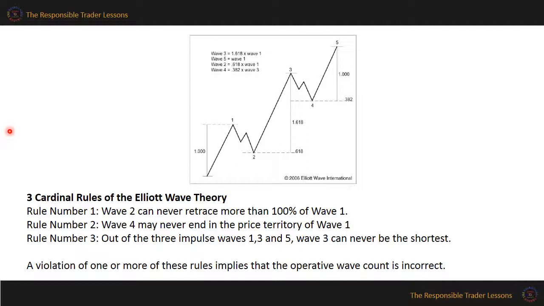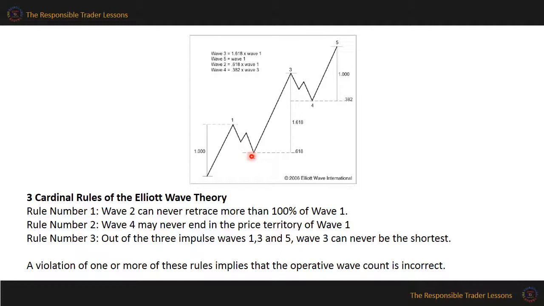Later proponents of the Elliott Wave Theory came up with so many rules. For our part, we just have to remember the 3 cardinal rules as developed by Ralph Nelson Elliott himself. Rule 1. Wave 2 can never retrace more than 100% of wave 1. Rule number 2.